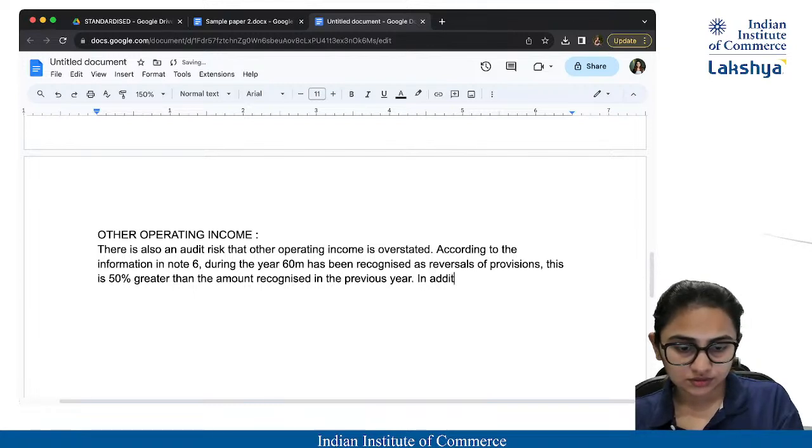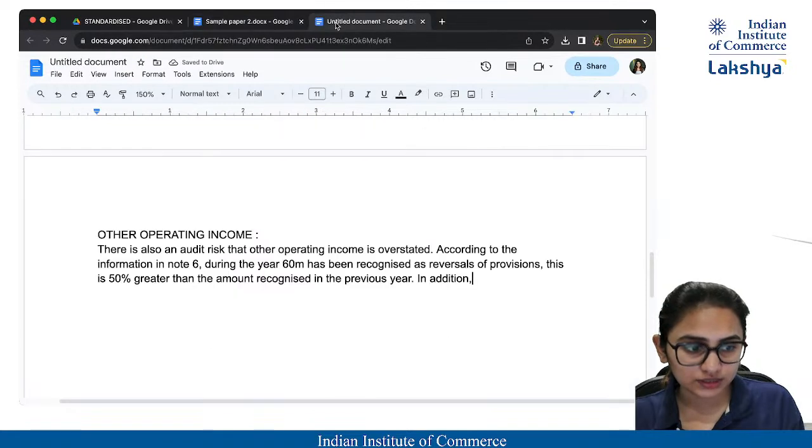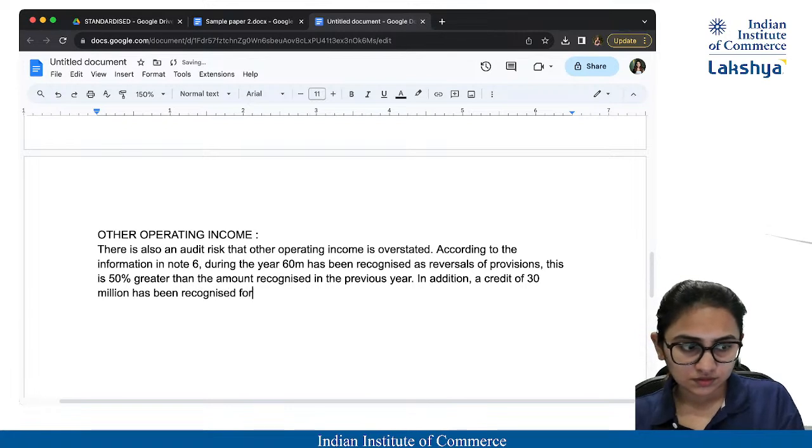In addition, there's a reversal of impairment loss credit of 30 million that has been recognized for reversals of impairment losses.